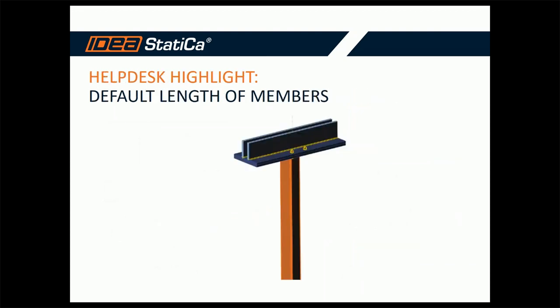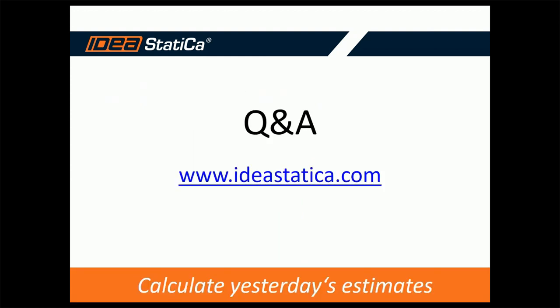And in the end of the webinar, we will have a look at the default length of members in IDEA StatiCa. And as I mentioned before, in the end, we'll also have maybe a little time for questions and answers. Now let me pass the presenter to my colleague Adam, who will present the first example.